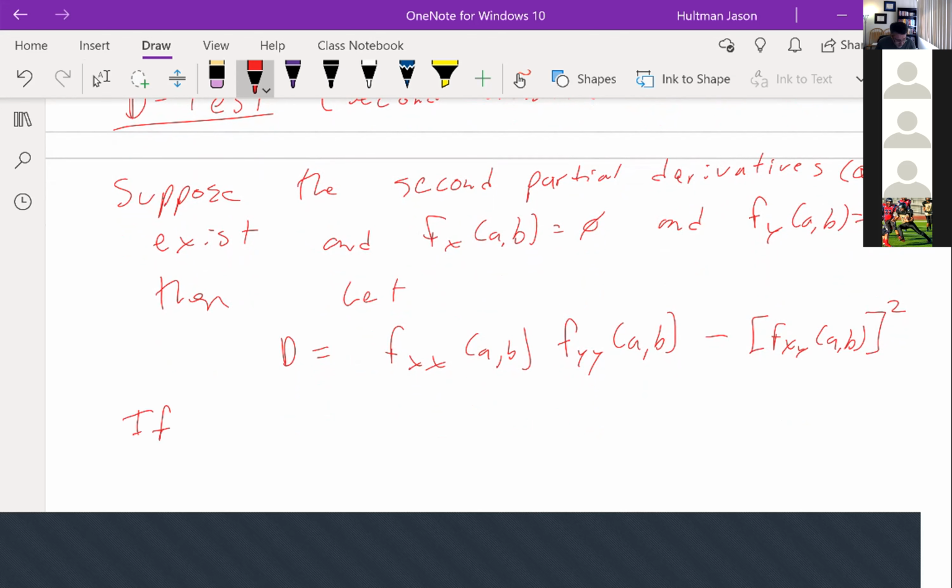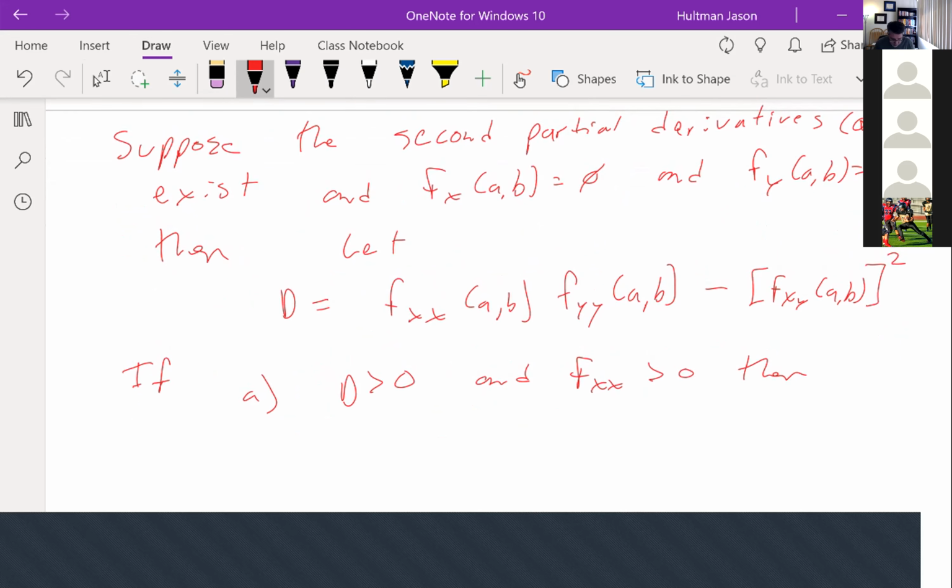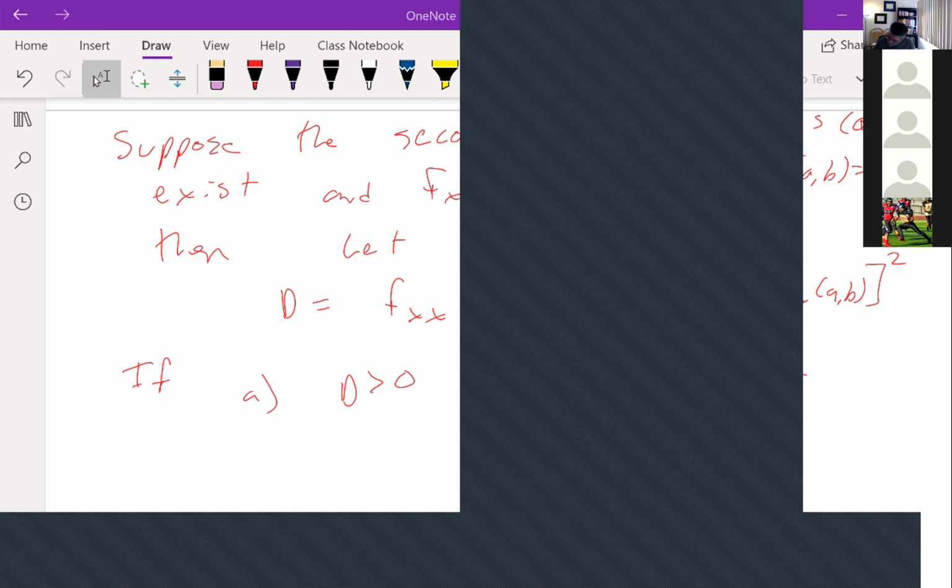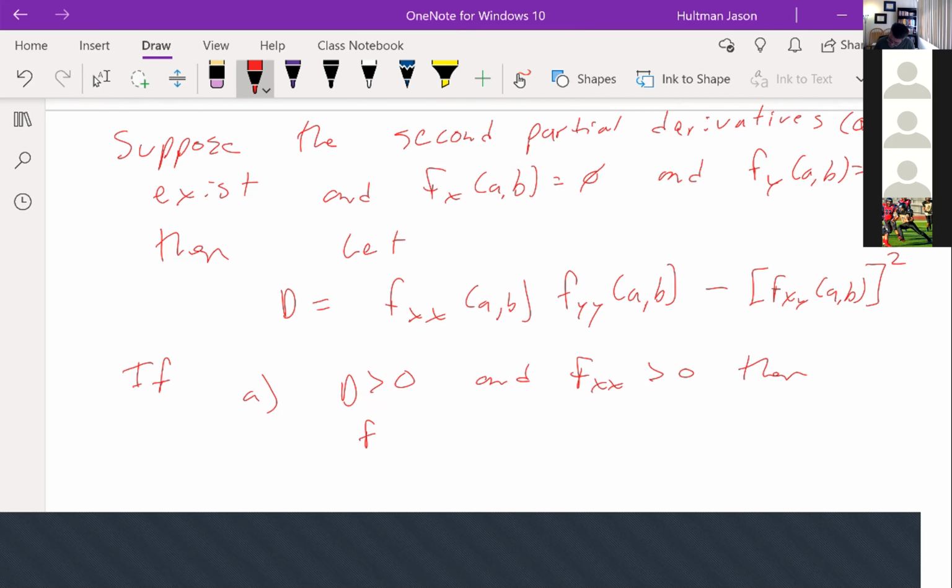If D is greater than 0, which means D is positive, and the second partial with respect to x is positive, then f of (a, b) is a local minimum. What about B?